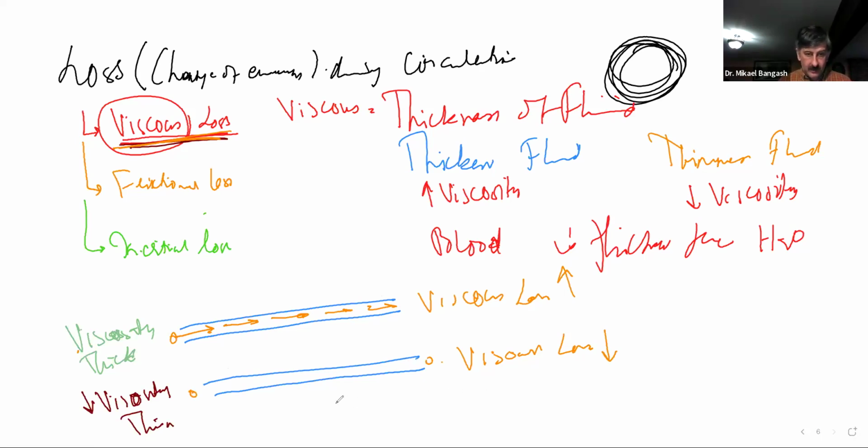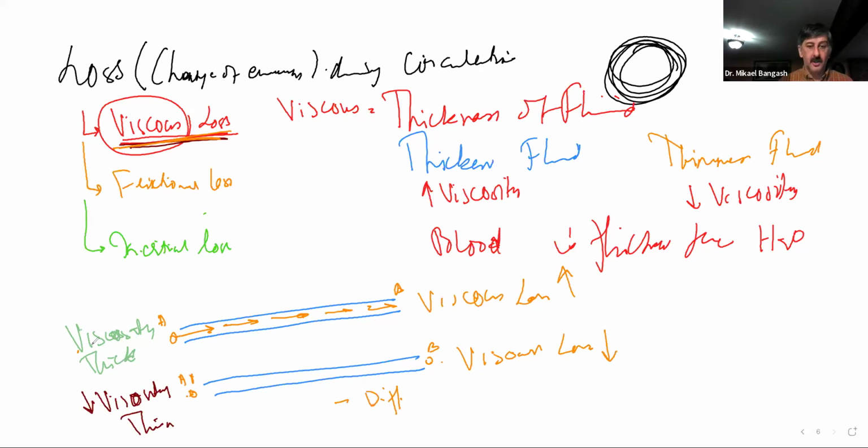Here there is a lesser difference between point A and point B compared to over here, where there's going to be a greater difference in the amount of energies, mainly because this fluid here is thicker.